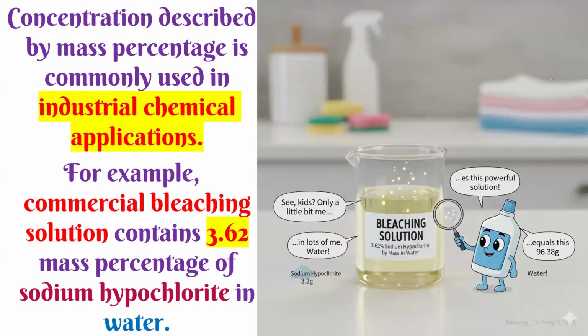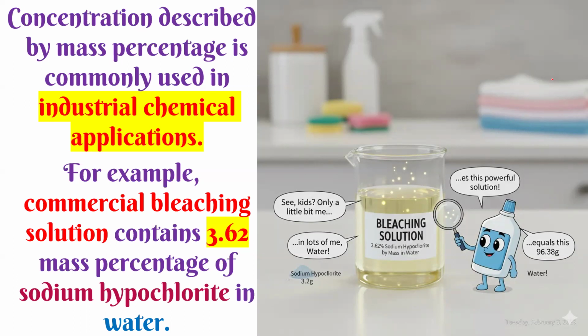Concentration described by mass percentage is commonly used in industrial chemical applications. We make use of this principle mainly in industrial chemical applications. For example, commercial bleaching solution is 3.62% sodium hypochlorite, and the rest is water.